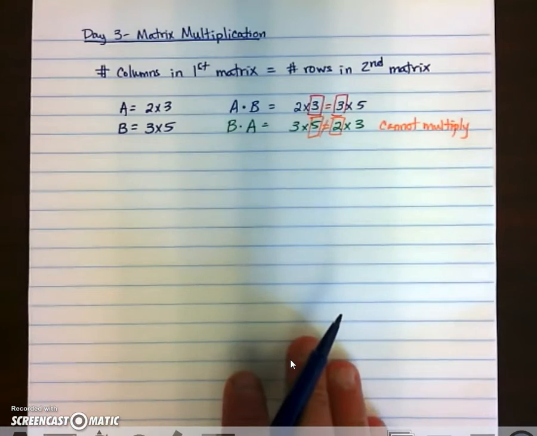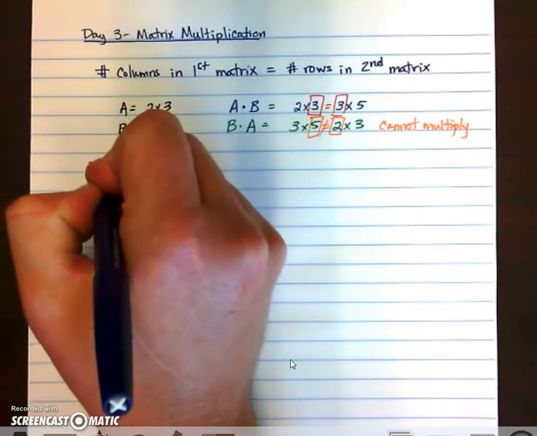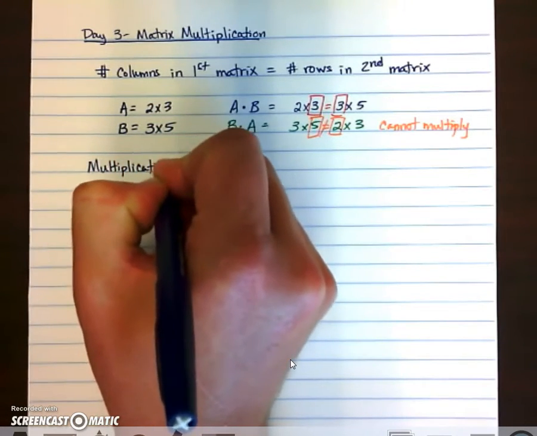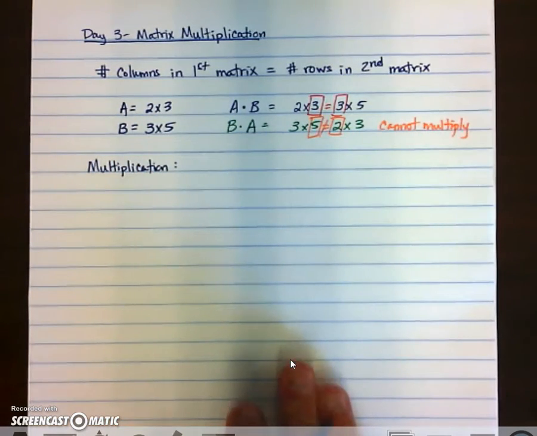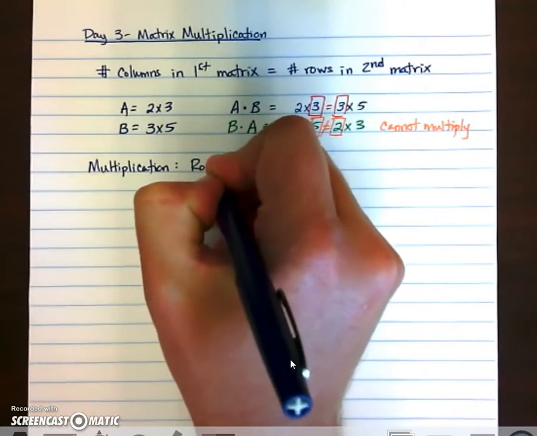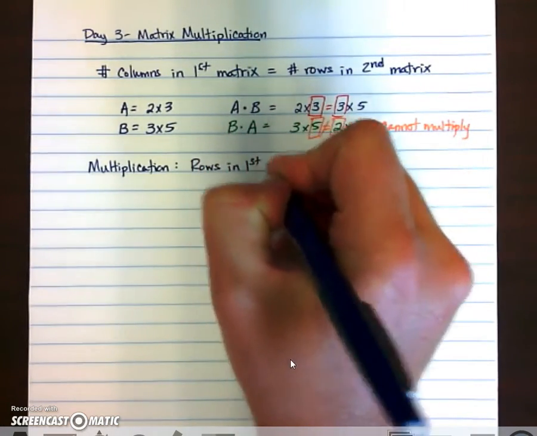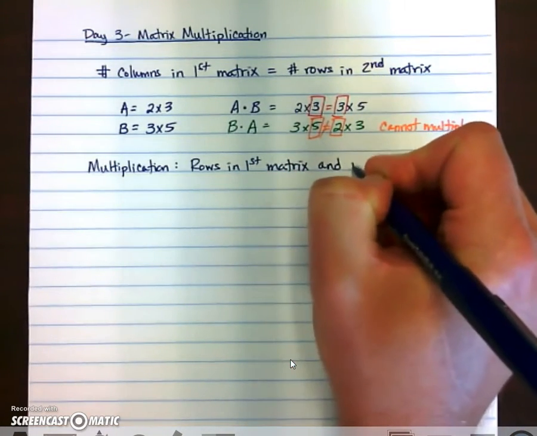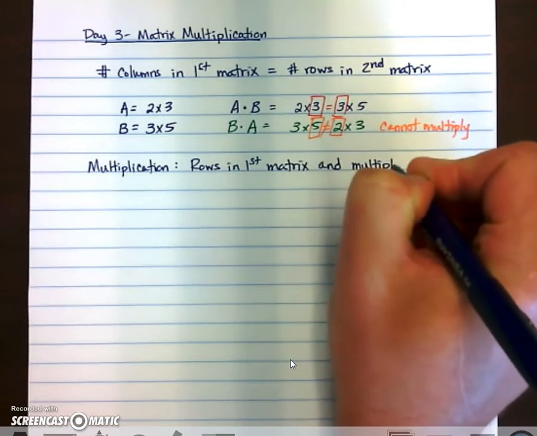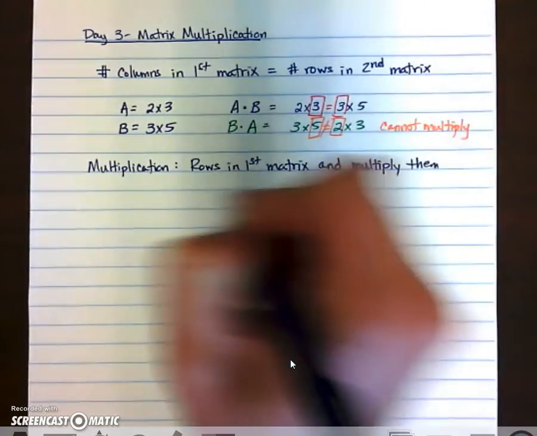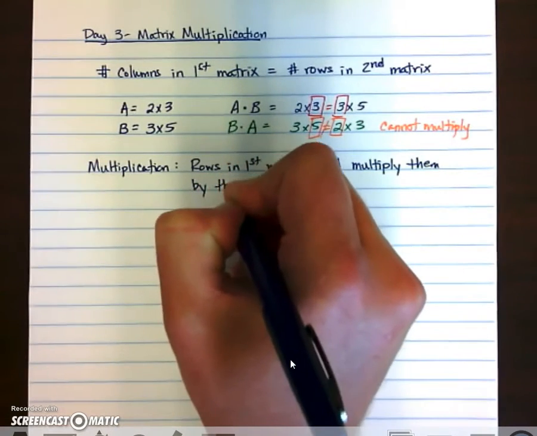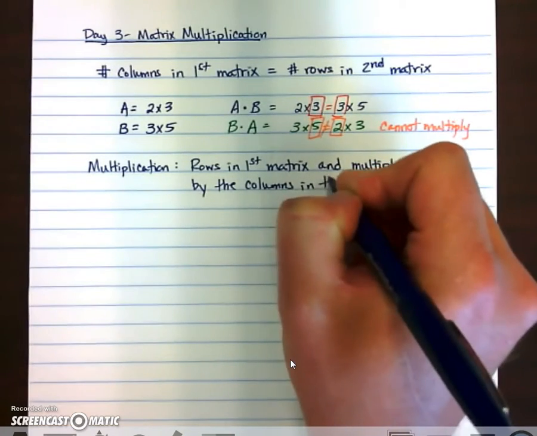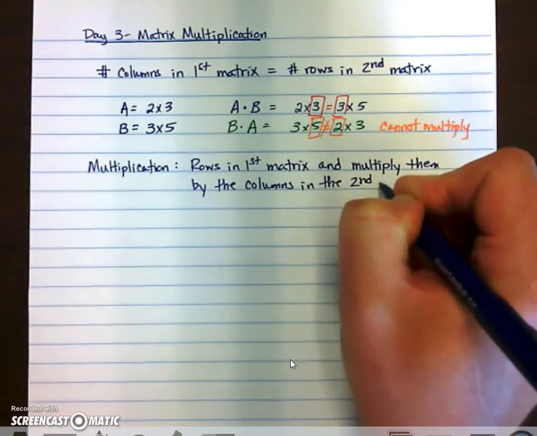Okay, so when we do matrix multiplication, here's what we do. We take the rows in the first matrix and we multiply them by the columns in the second matrix.